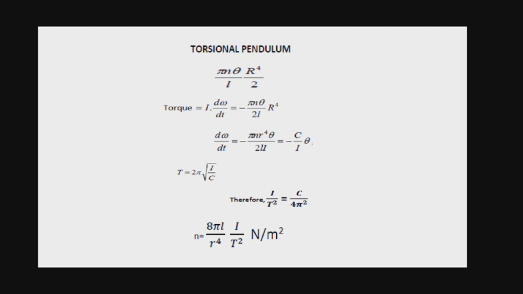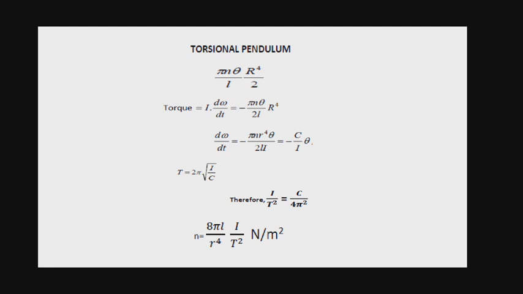So d omega divided by dt is equal to, taking I to this side, minus pi eta r to the power 4 theta divided by 2LI, which is equal to minus c divided by I theta. So here c is the couple per unit twist, so replace this by c. Next, angular acceleration is alpha, that is equal to angular displacement.